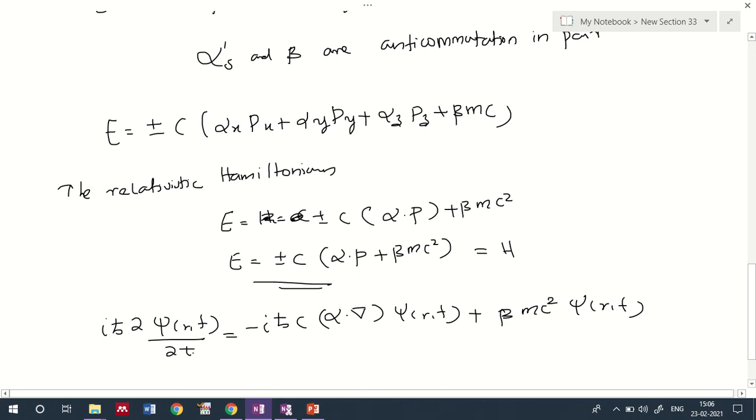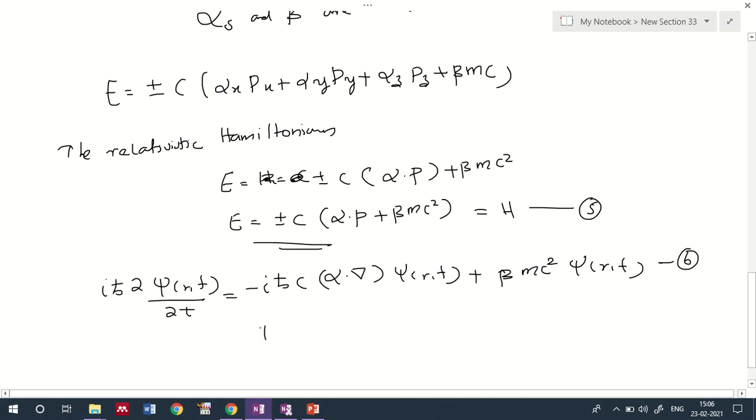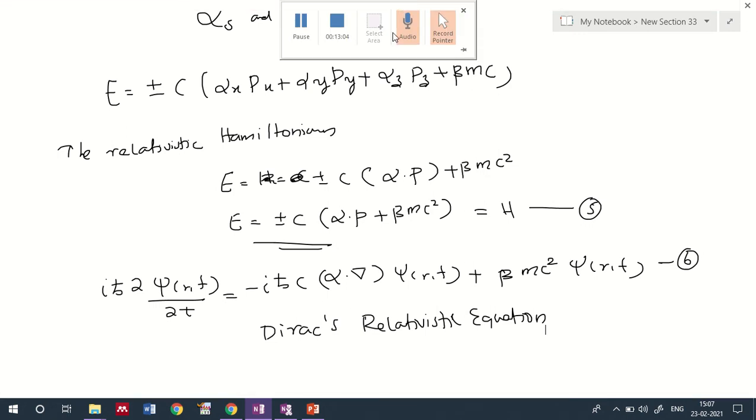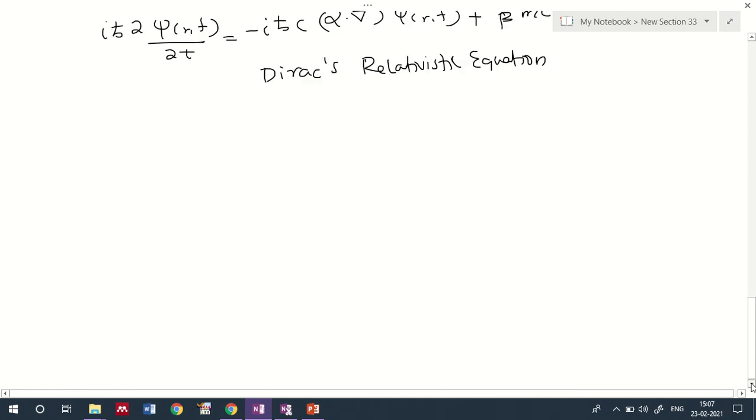This is the fifth equation, and the sixth equation is called the Dirac relativistic equation. So today we discussed the representation of Dirac's relativistic equation. The next discussion is the covariant form of the Dirac equation.